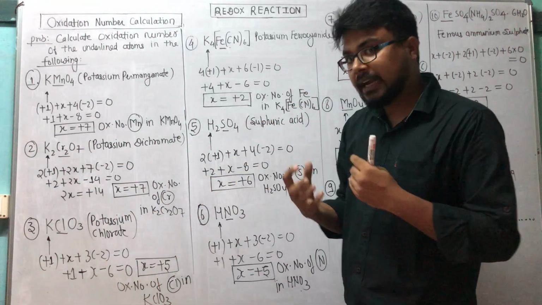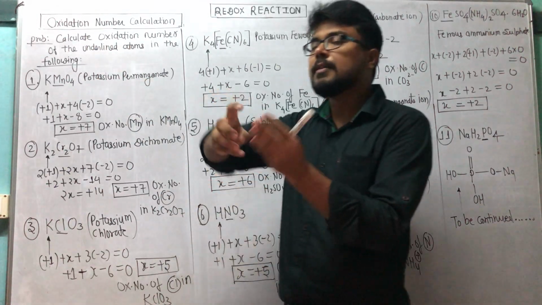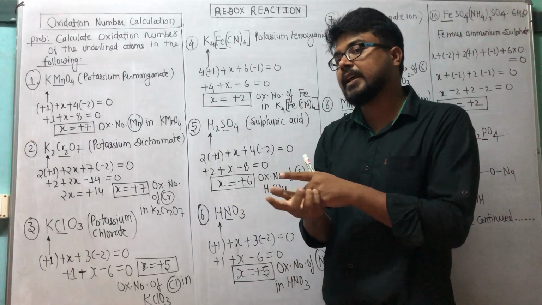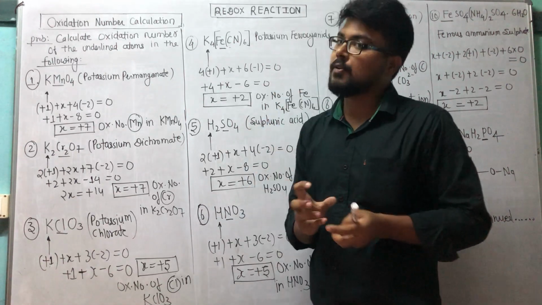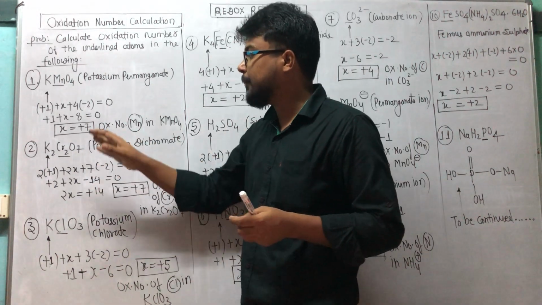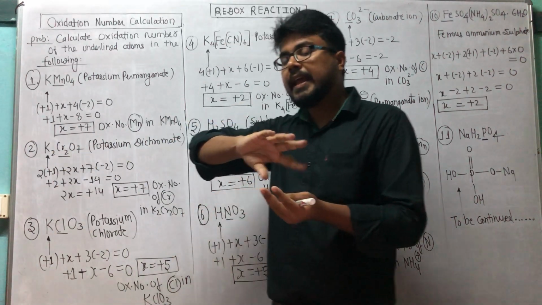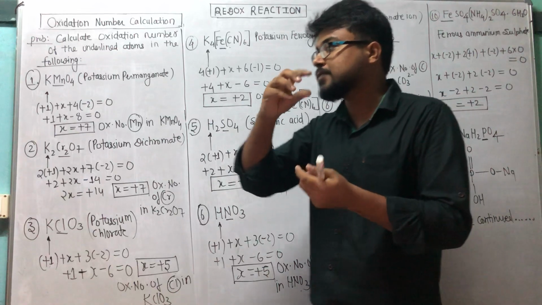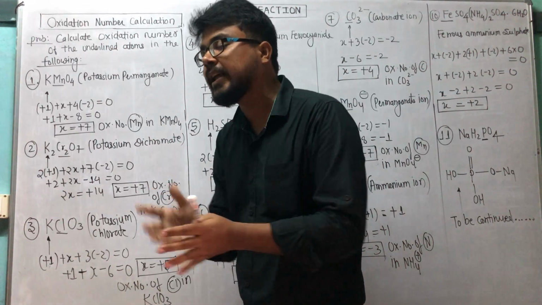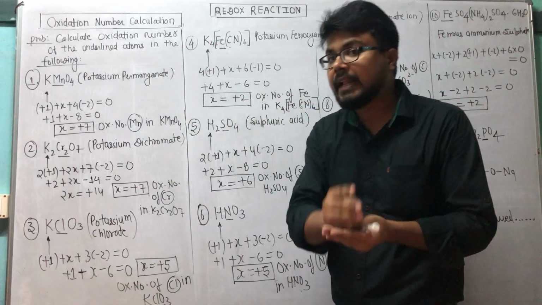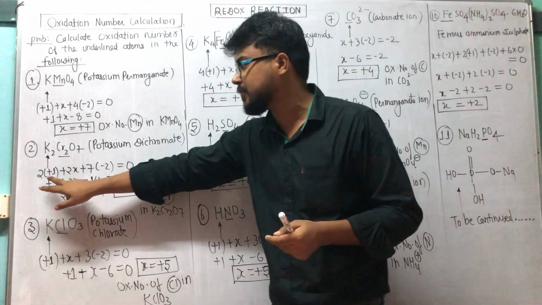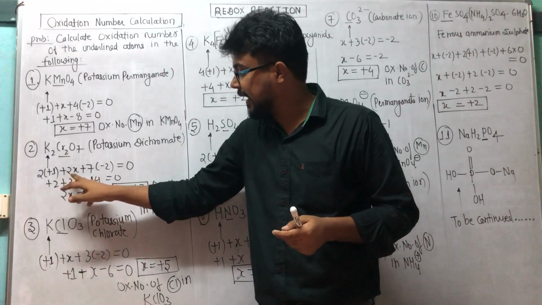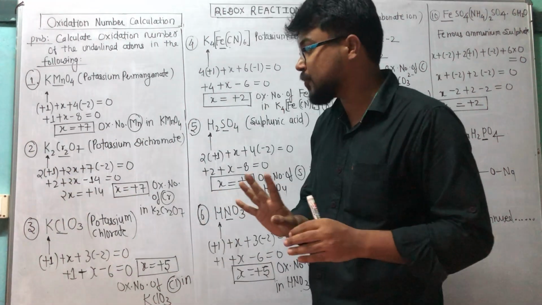Students, we have the same data: potassium belongs to the alkali metal category, so the oxidation number of an alkali metal in its compounds is always +1. So I took +1. Then 2 for chromium, and X I have to calculate. No issue here.